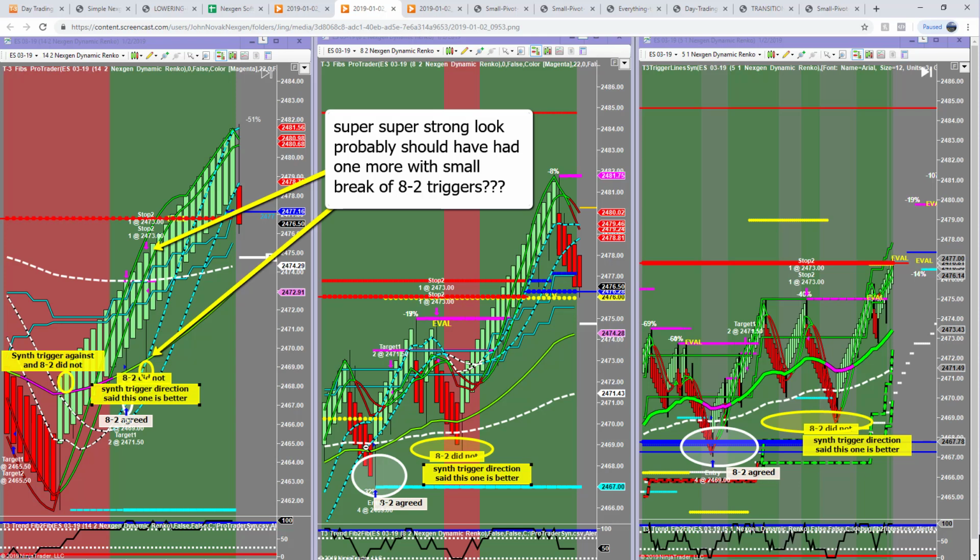What did the 8-2 chart say? Did you get in at the right spot? Should you have gone again with the pivot stop out when the 8-2 didn't agree? And this starts the whole debate of the look, the trade. And if you don't have a picture of what you did and when you did it, how are you ever going to be consistent? Why would you do it again? Why would you not? What's the look? Which trades win for you and which trades lose?